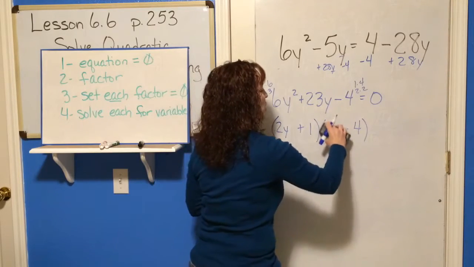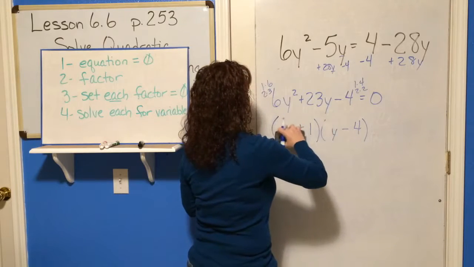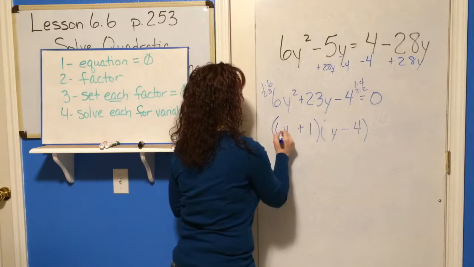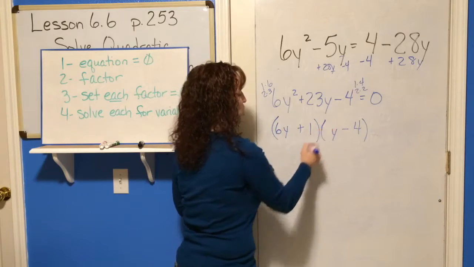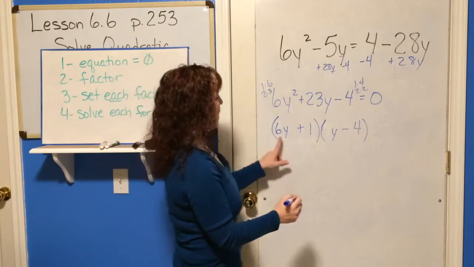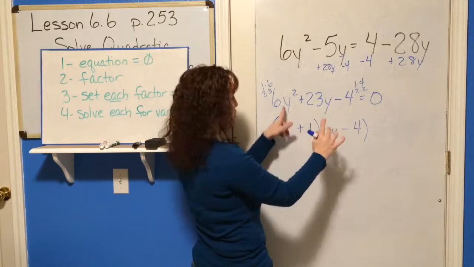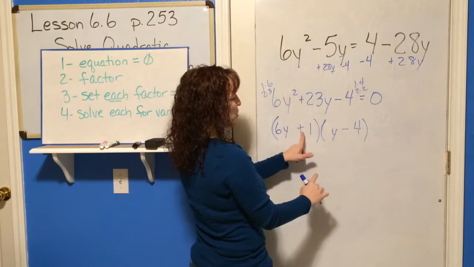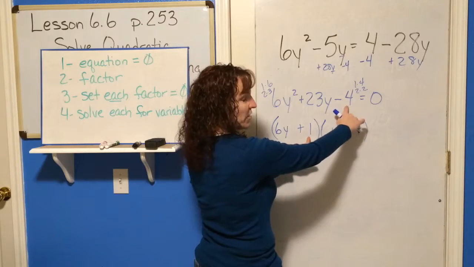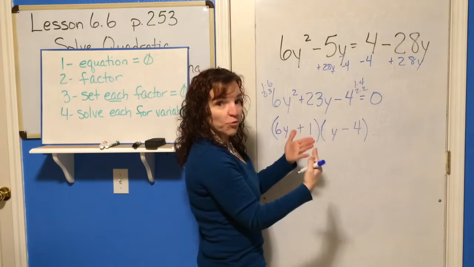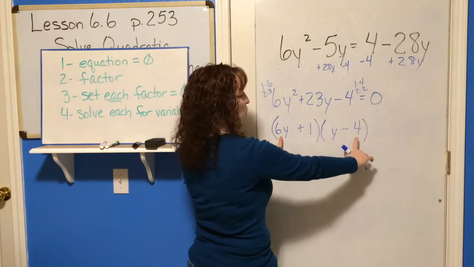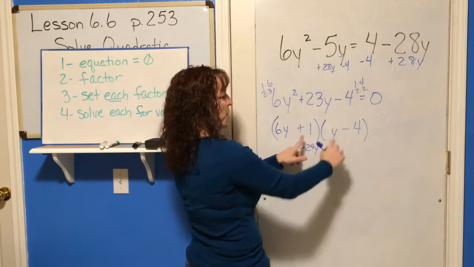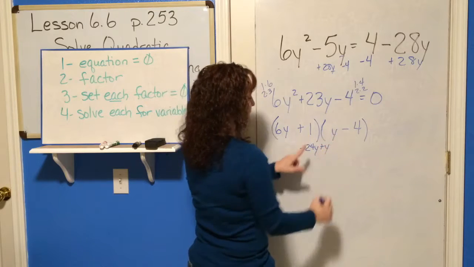I think I need to change these to 6 and 1. Let's try that, because 6 times 4 is going to be much larger. So let's try this. So now check our first terms. 6y times y is 6y squared. Our last term is positive 1 times negative 4 is negative 4. Now don't forget to check the insides. 6y times negative 4 is negative 24y. 6 times 4 is 24, plus y.